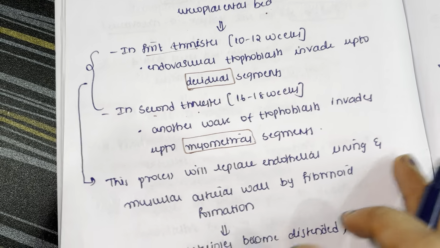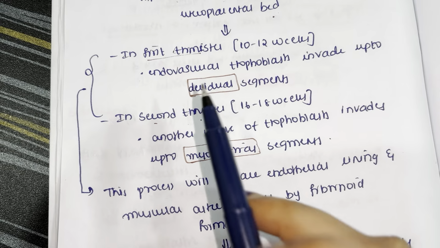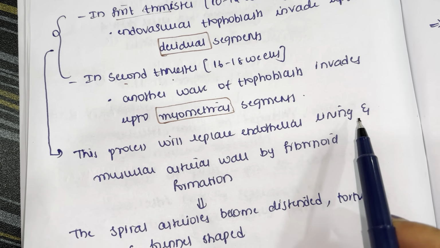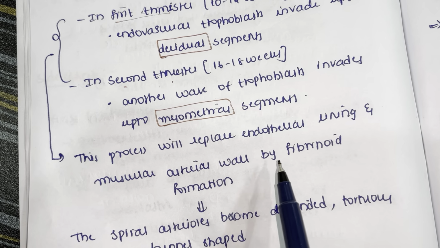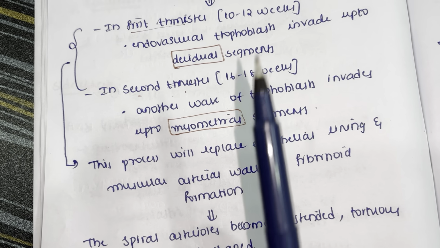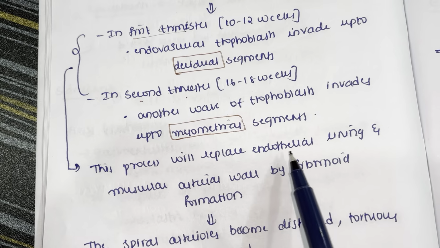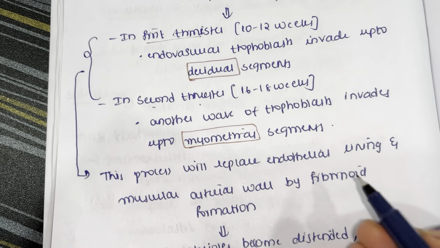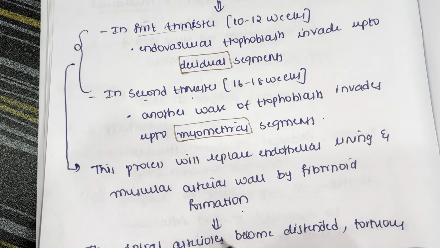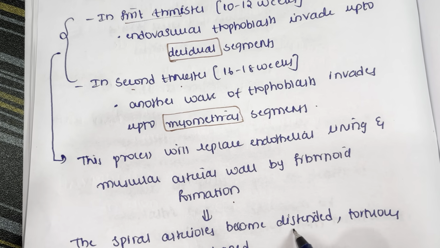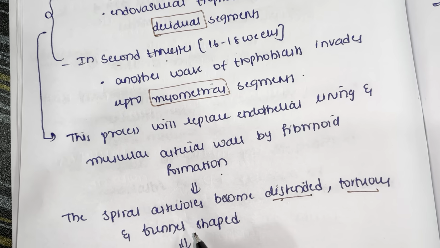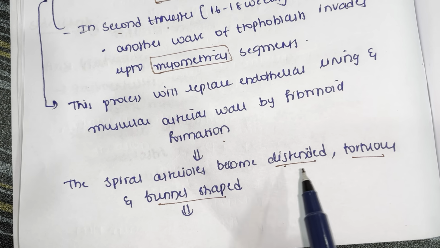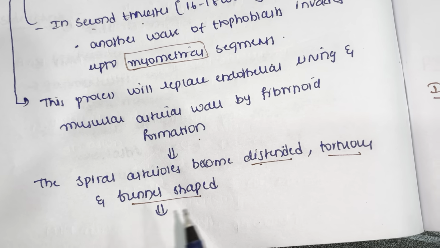This process will replace the endothelial lining and the muscular arterial wall by fibrinoid formation. This makes the spiral arterioles become distended, tortuous and funnel shaped.